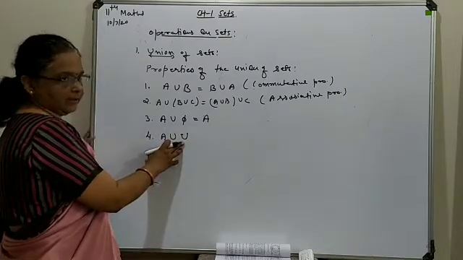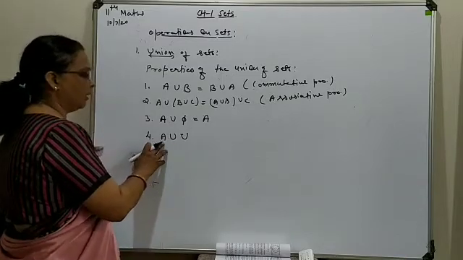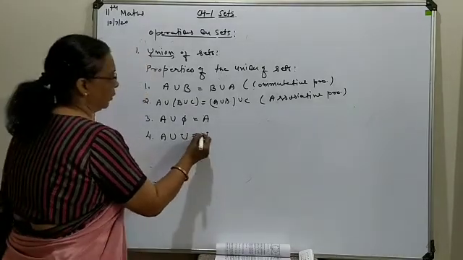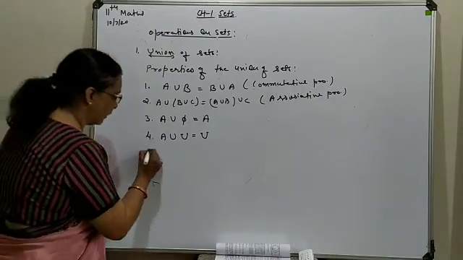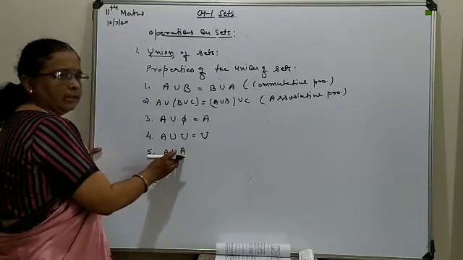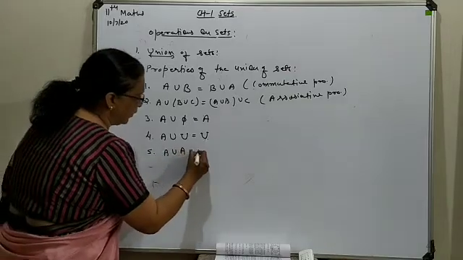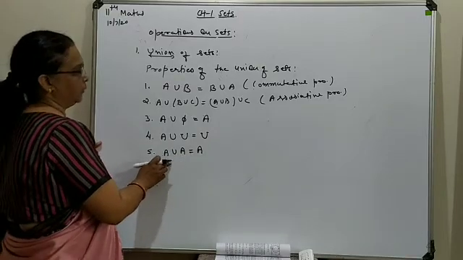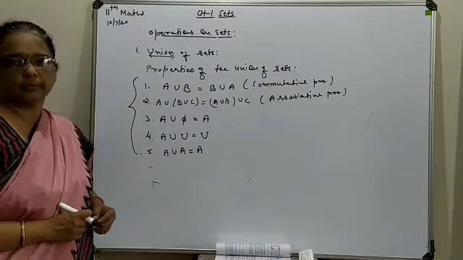The universal set is the largest compared to any other set, so if you make a union with the universal set, obviously your answer will be U. Now the last property: if you make a union with the same set, obviously it will come out as the same set on which you perform the union. So these are the basic properties associated with the union of sets.